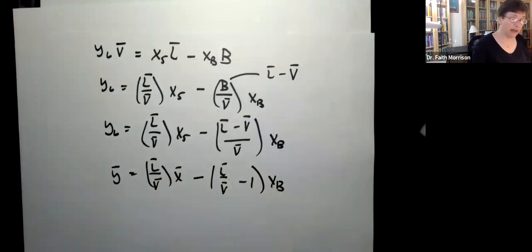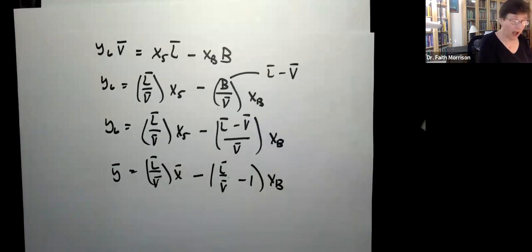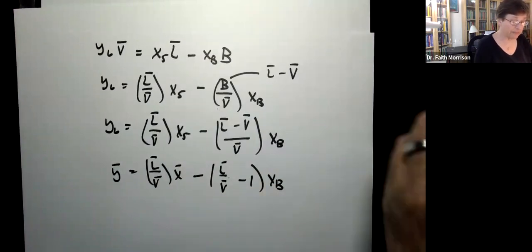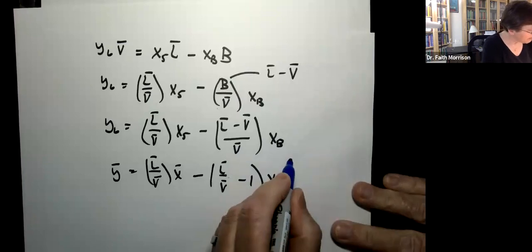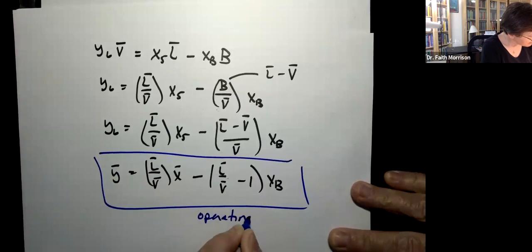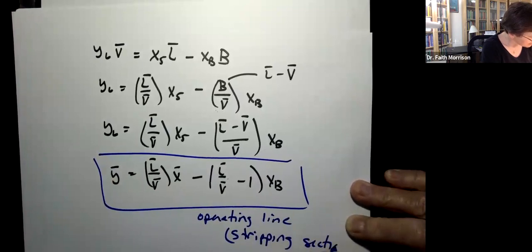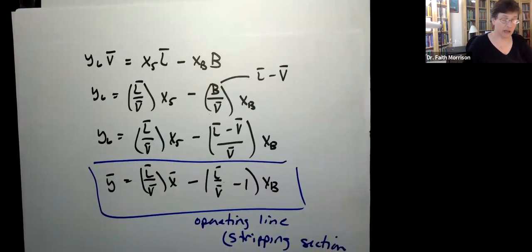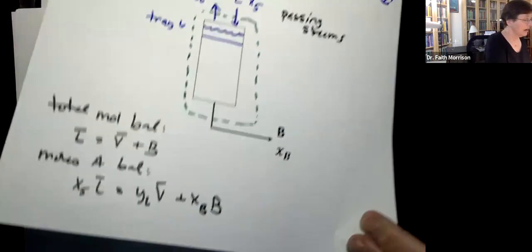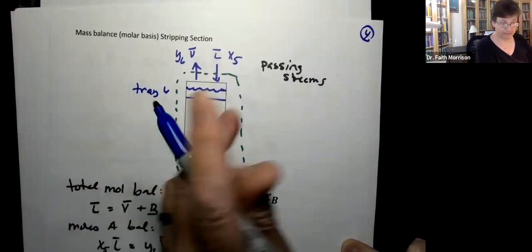And we end up with, again, a general equation, which is the operating line for the stripping section. This balance is true for all possible balances I might do through any equilibrium stage that's below the feed.